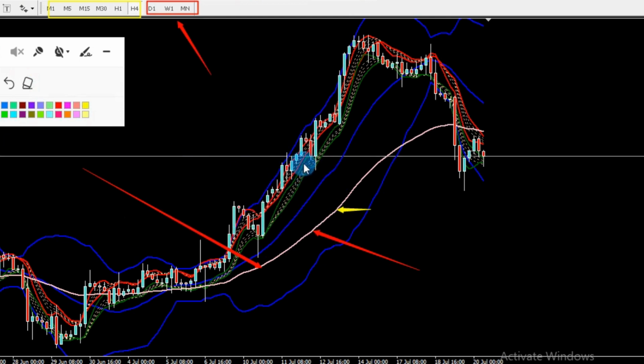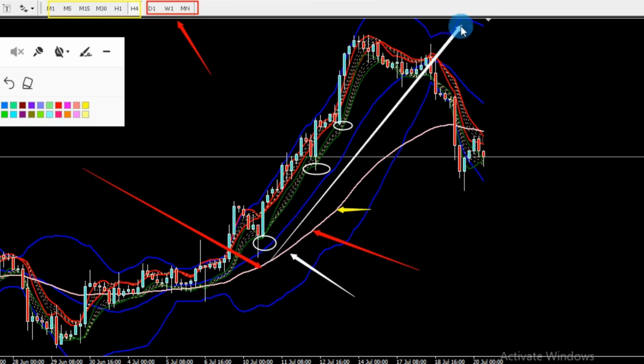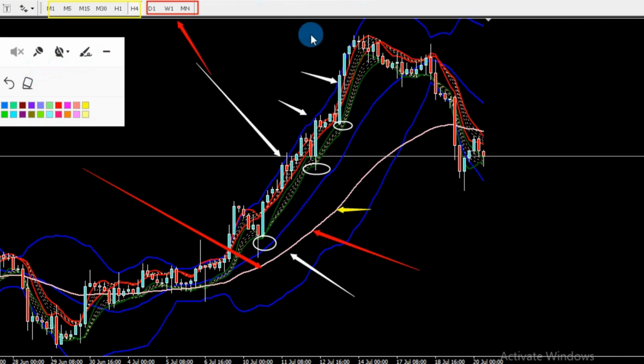You can see why these re-entries are valid. First of all, here we have the EMA 50 below the price. That means the market is above the EMA 50, so the trend is bullish. Now if you focus on the Bollinger Band, it's expanding, so the buy re-entries are valid.